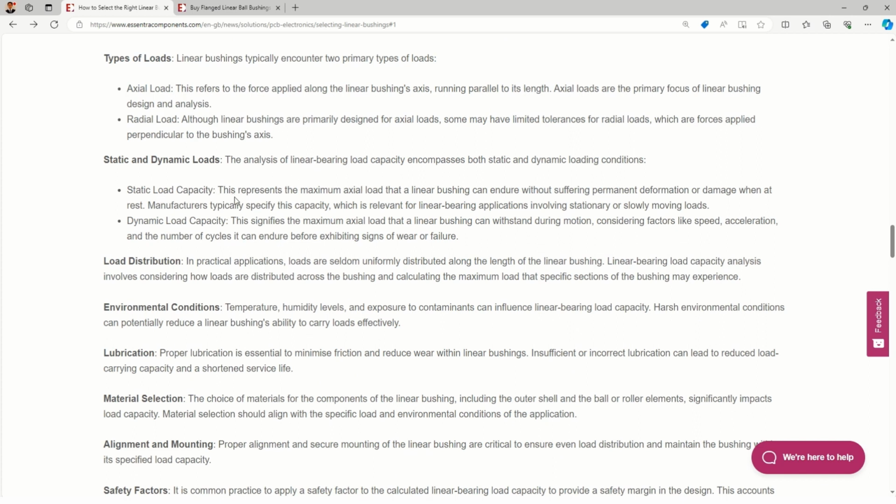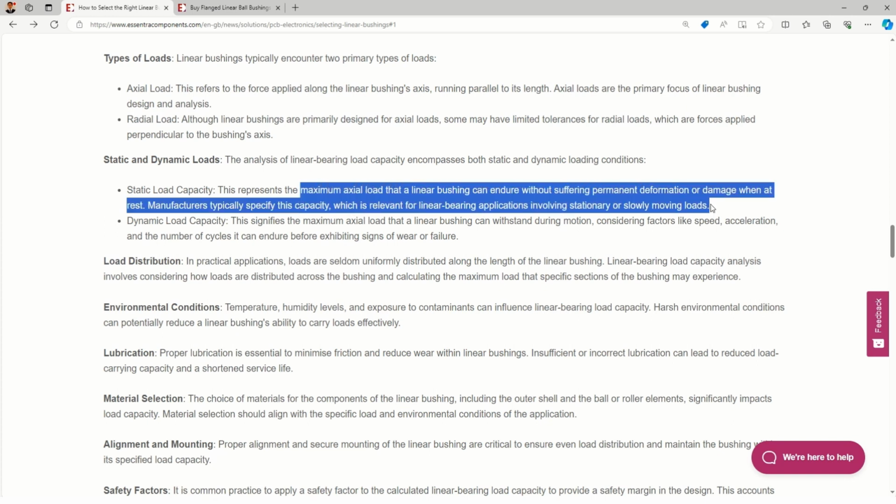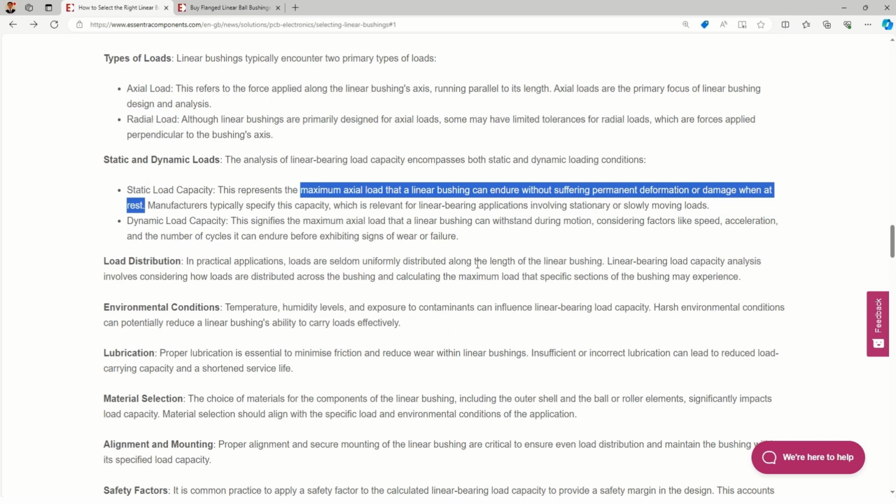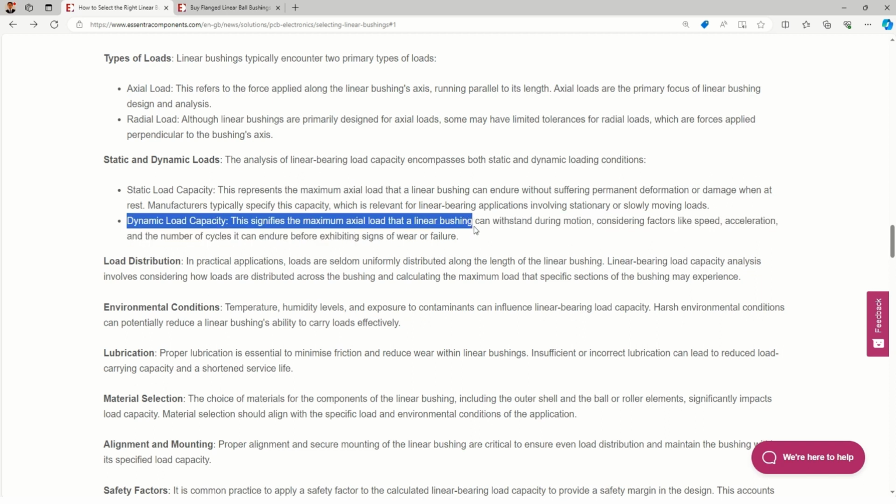Static load capacity is nothing but the maximum axial load that the bushing can endure at rest without suffering permanent deformation. That is a parameter which checks its capacity. Dynamic load capacity is the maximum axial load it can withstand during motion.